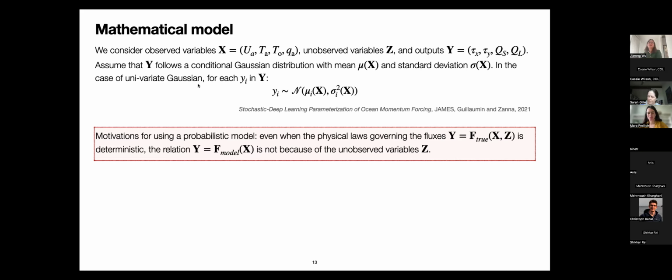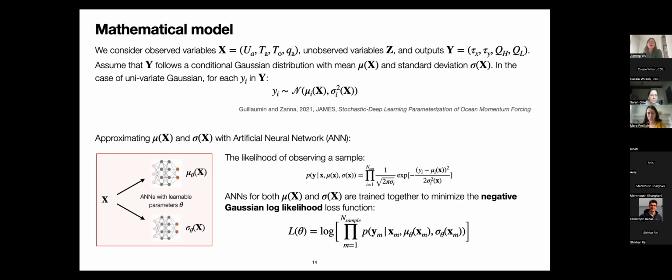Assuming that the output follows this univariate Gaussian distribution, we use two neural networks to estimate the mean and also the variance sigma. These ANNs, artificial neural networks, have learnable parameters theta.